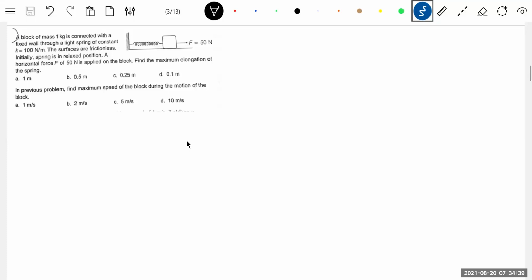Okay, read this question. Something you see: maximum elongation, maximum speed of the block.